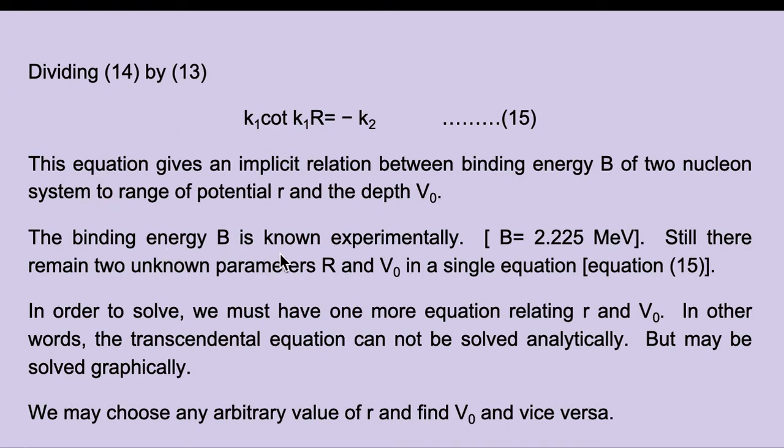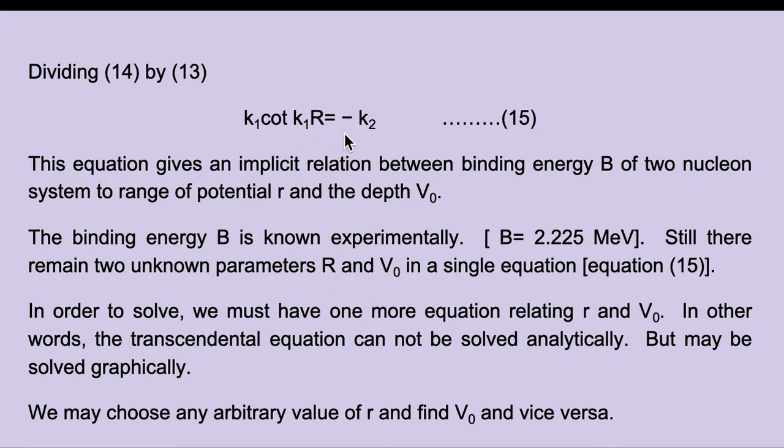And the binding energy B is known experimentally. We have already calculated it. It is nearly 2.225 MeV. Still, there remain two unknown parameters, capital R and V0, in a single equation.